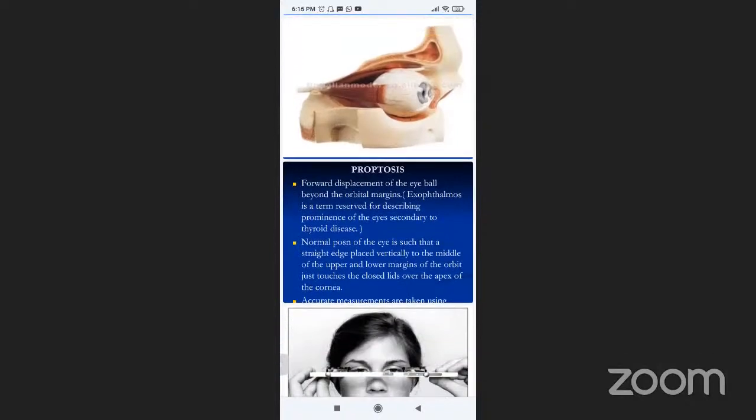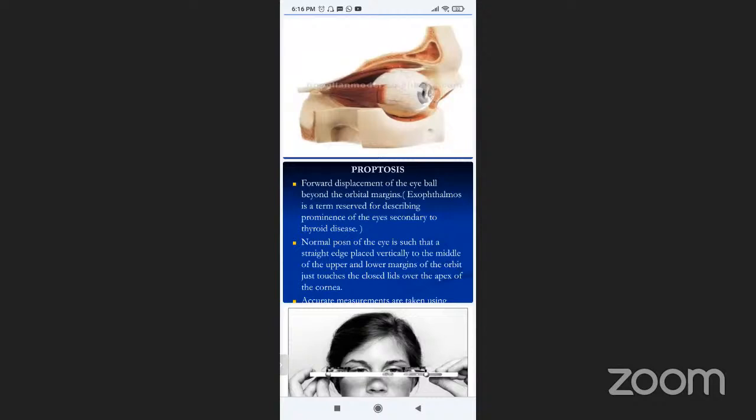So how will you know whether the eye is proptosed or not? You have to know the normal position of the eyeball. Normal position of the eye is such that if you place a ruler or a scale vertically touching the superior and inferior orbital margins, then ask the patient to close the eyelid, the scale will just touch the eyeball over the eyelid.